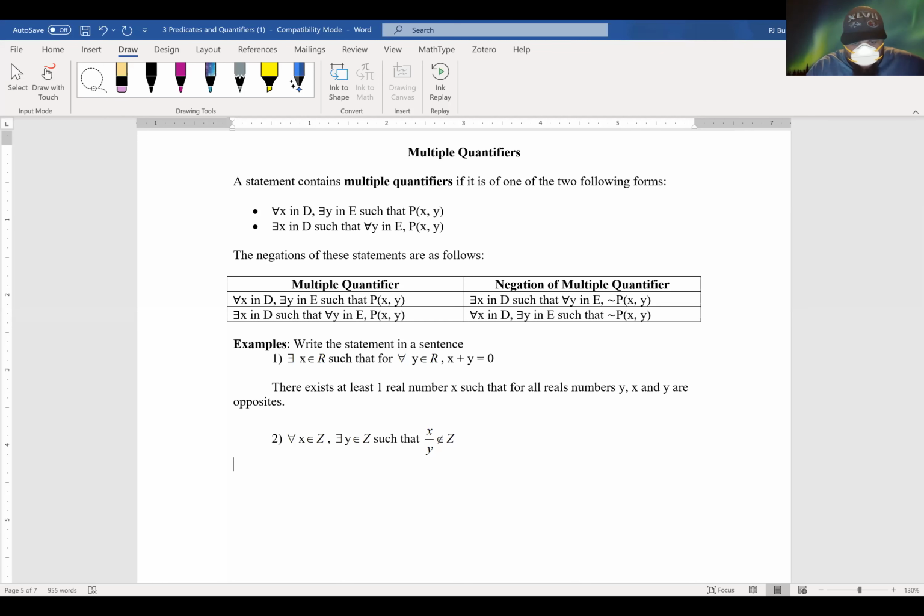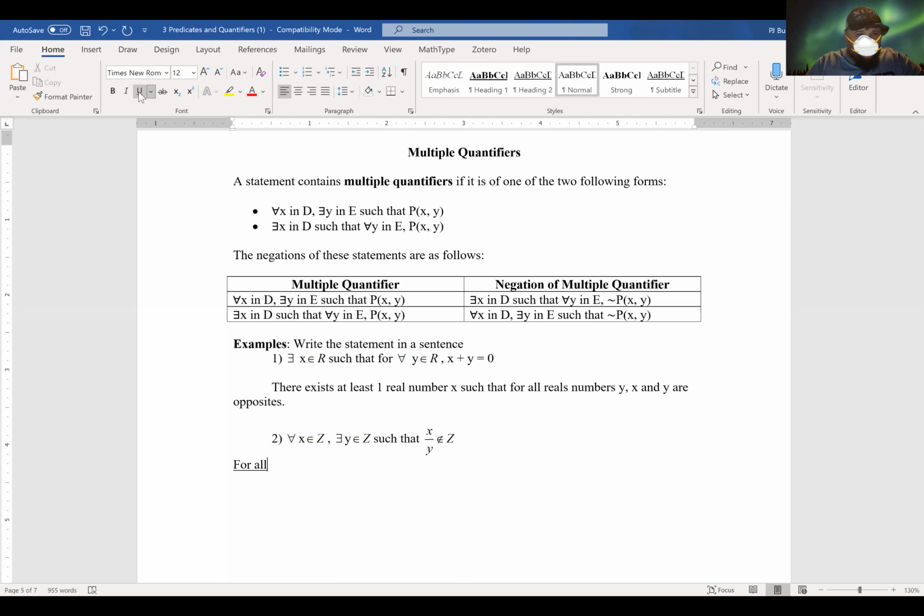All right, so the next one, it starts off with the universal quantifier. So that's for all. I don't know why it always underlines this. For all. And then we've got for all integers, right? Z stands for integers.